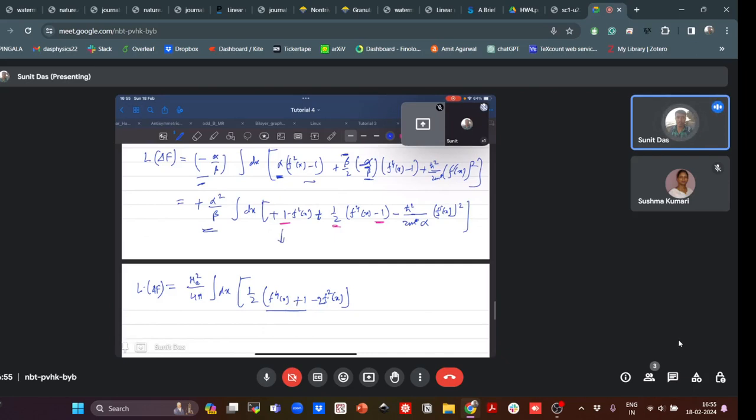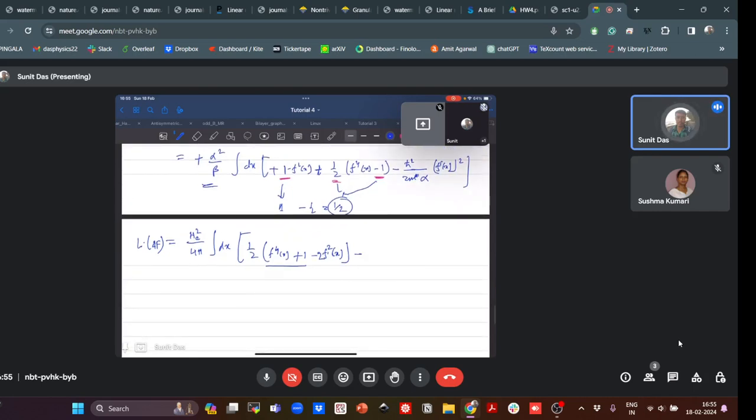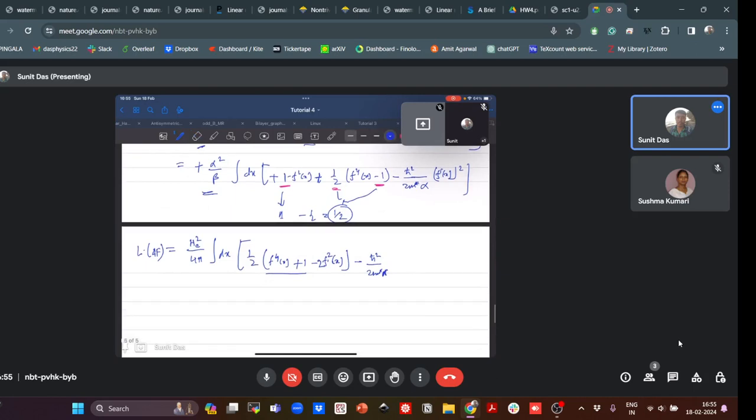Because from here this is 1 and from this 2 there is minus half, which will be plus half. That was the mistake. And then minus h bar square by 2m star alpha, alpha f prime x square.